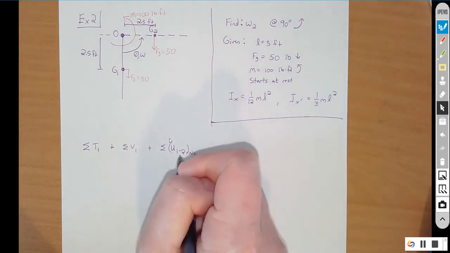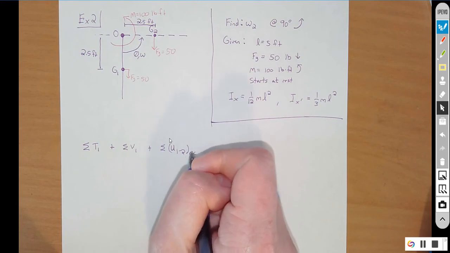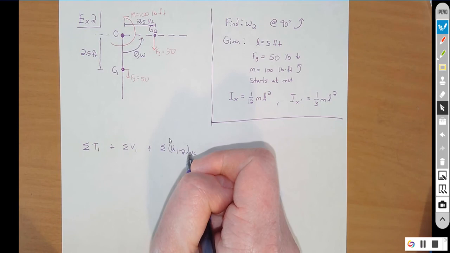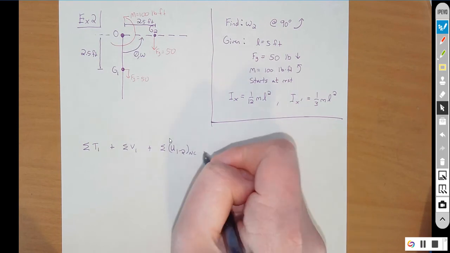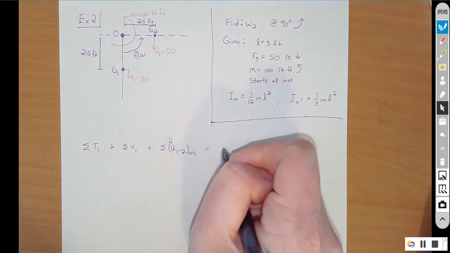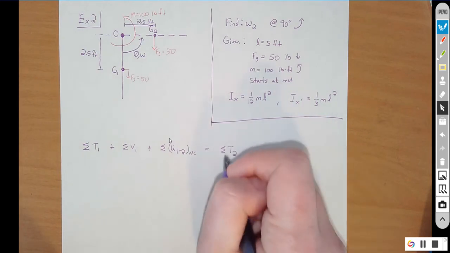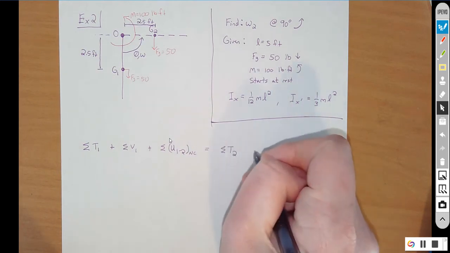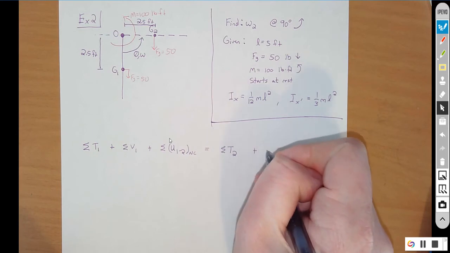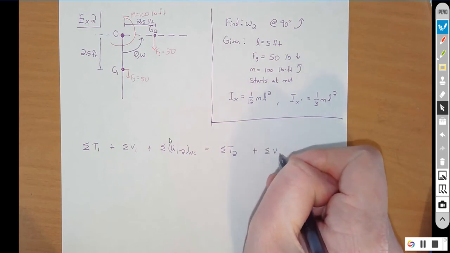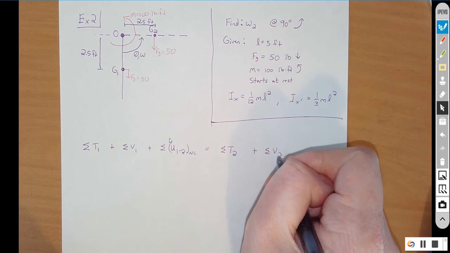So again, forces or moments that cause us to move in the direction of that force or moment are positive. If we move opposite, then it's negative. Equal to the kinetic energy at T2, so this is where our omega 2 will reside. It'll be in that variable. And then sum of the potential energy at state 2.